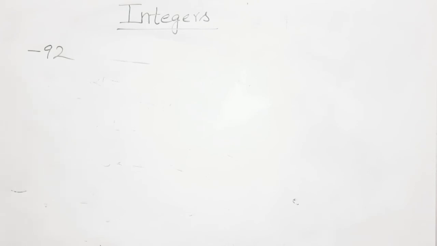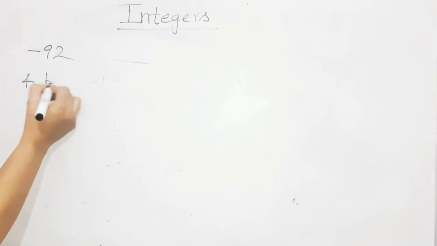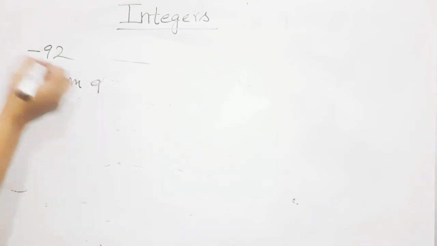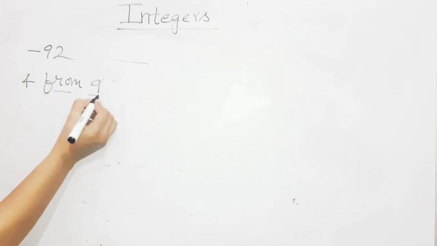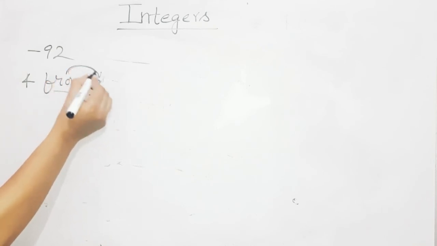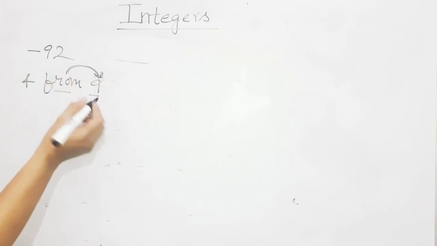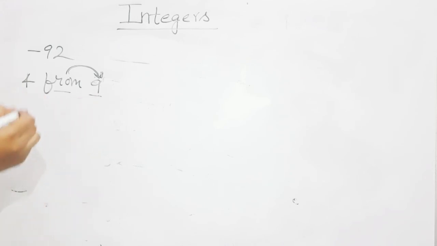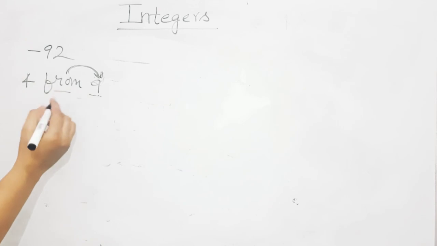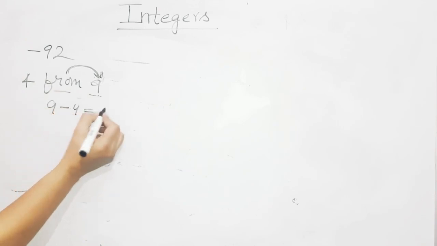If I ask you to subtract 4 from 9, right? If I'm asking you to subtract 4 from 9, तो जो from के बाद में लिखा होता है, मुझे पता है you know about this, you are studying it from class 2 only, but I am explaining. Okay, so 4 from 9 means 9 में से आपको 4 subtract करना है.